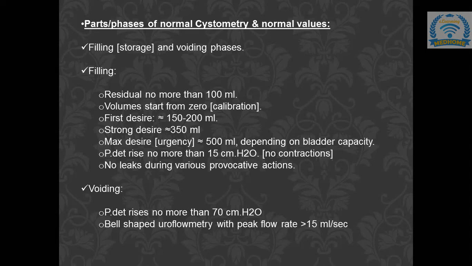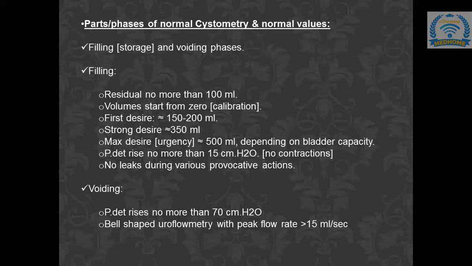And if the residual volume is more than 500 ml, that is an indication that we need to admit the patient to the hospital for further workup. Now, the first desire to pass urine is between 150 to 200 ml, and the maximum desire is between 500 to 600 ml. That is also the capacity of the bladder.